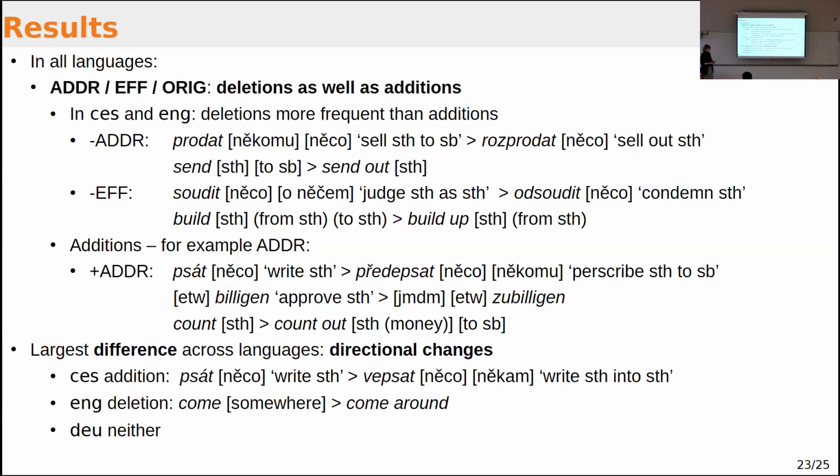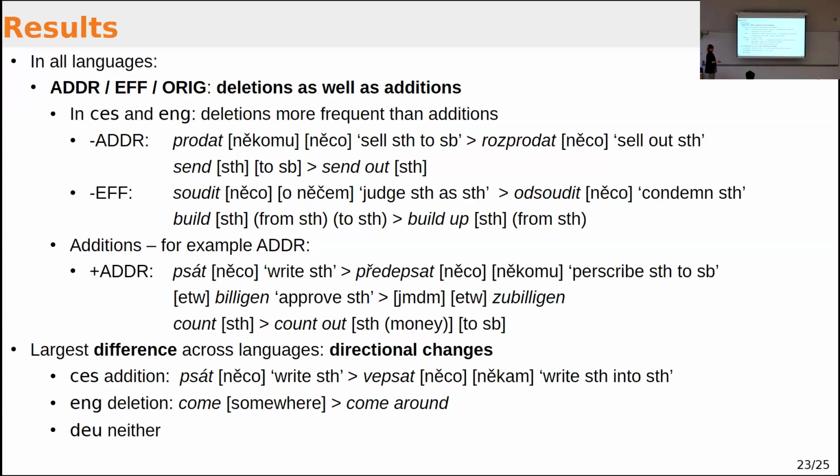The largest difference across the languages was found in the changes in the directional slots. So in Czech, we have mostly seen additions, like in cases of psát něco versus vepsat něco někam, to write something and to in-write something into something.